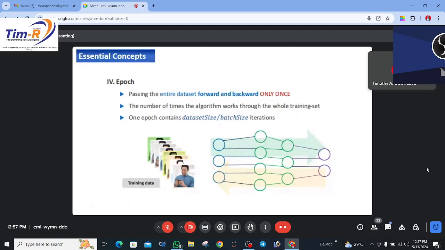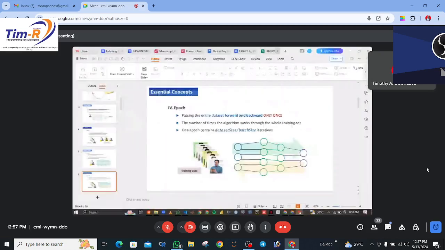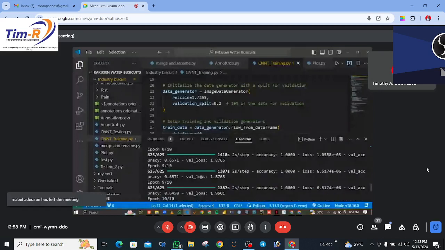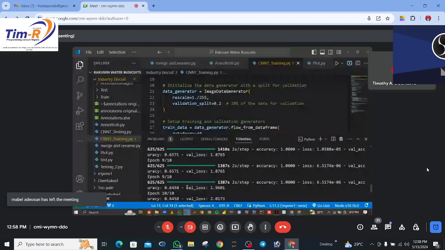1000 what? Epochs. So I repeat that again. Now, this is where the problem is. I trained this using 10 epochs on 3,125 images.